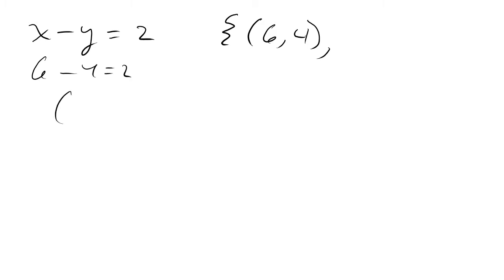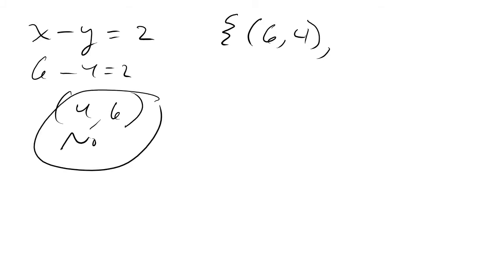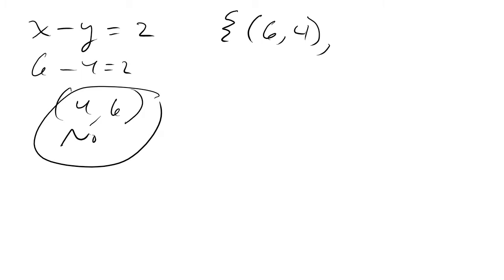But that one does not have 4, 6 in the solution set, because 4 minus 6 is not 2. So unlike before, where 6, 4 was in the solution set and 4, 6 had to be also with x plus y equals 10, in this one, switching around the numbers, it's no longer in the solution set, but 7, 5, 8, 6, dot, dot, dot. So there's an infinite number of solutions to that.